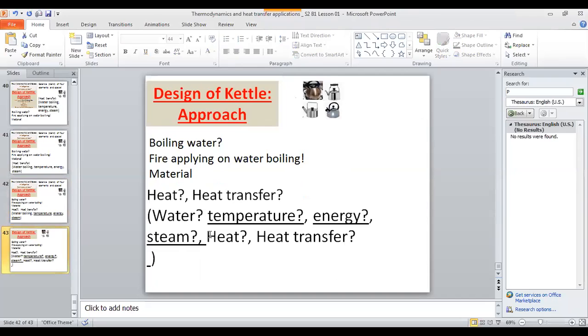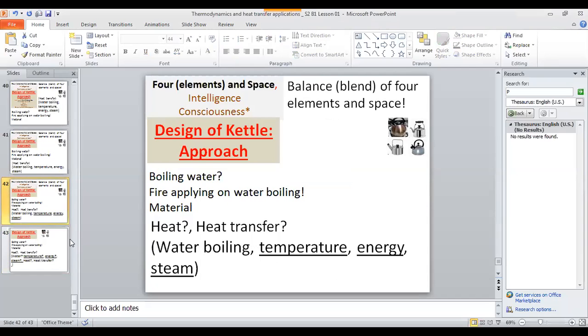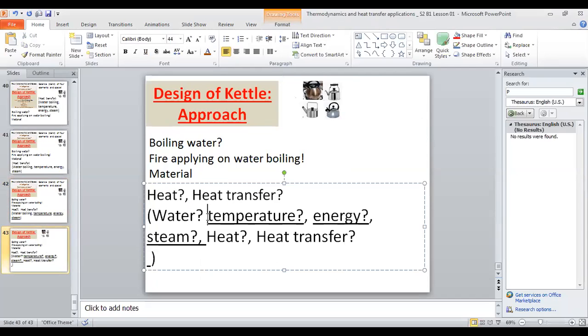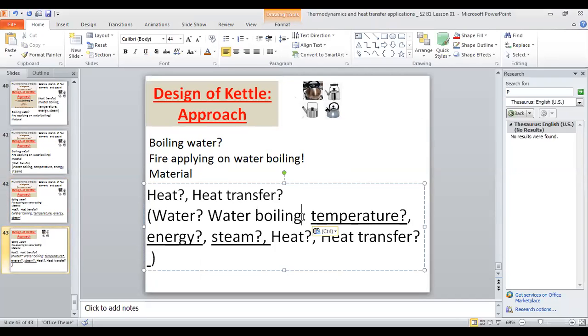Energy. So water, water boiling, temperature, energy, steam, heat, heat transfer.